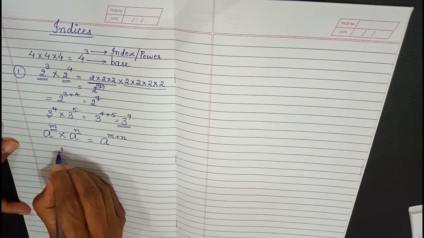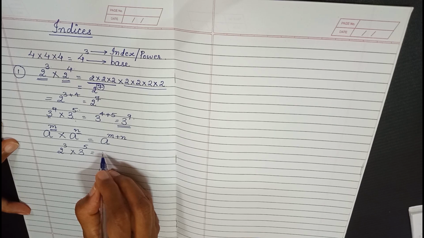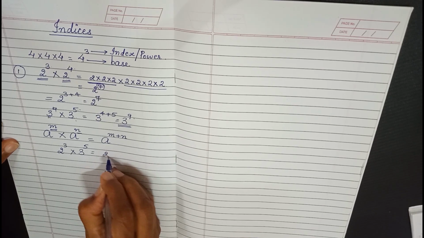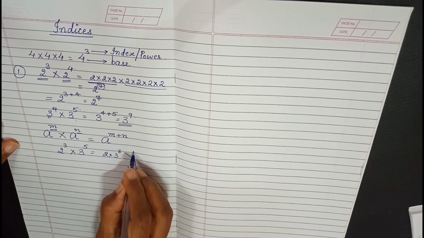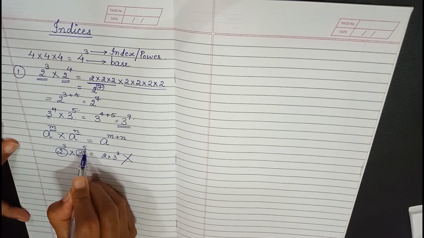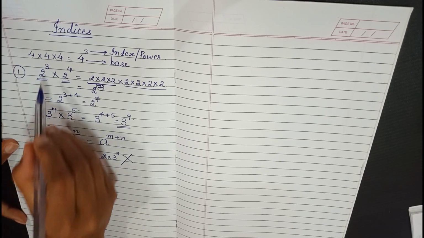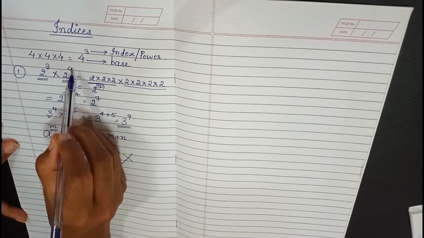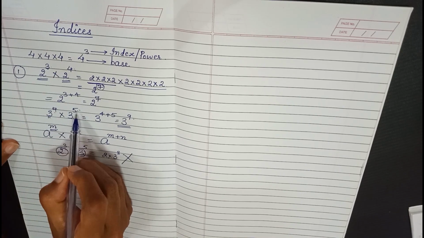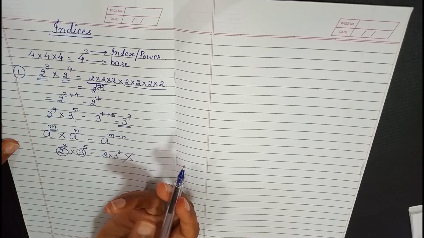You cannot do this rule for 2 raised to 3 into 3 raised to 5. You cannot say that this will be 2 into 3 raised to 8 or anything. This will be totally wrong, right? Here both the bases have to be the same, then only you can add the indices. The indices can be different. You can see here it is 3, 4 and 5. Indices can be the same also, indices can be different also.